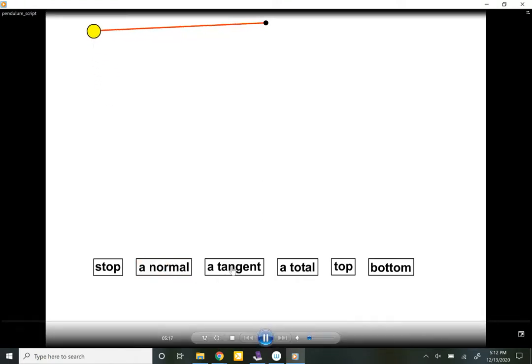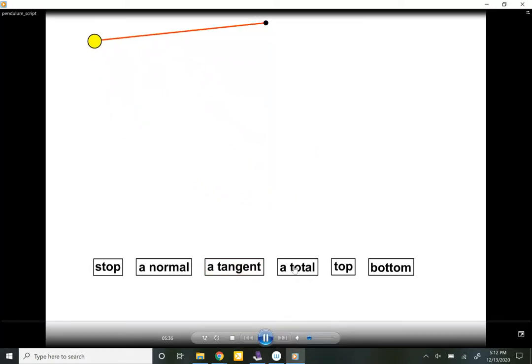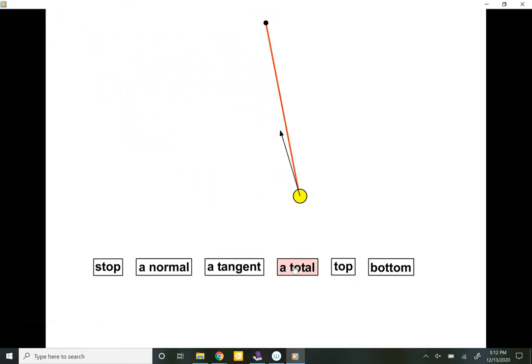If I click on this button, the simulation shows just the tangential acceleration. And if I click on this one, it shows the resultant acceleration. How cool is that?